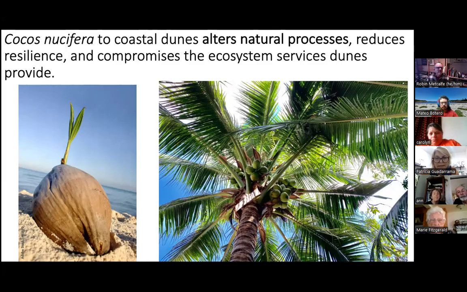And all the people on the beach want to have a coconut palm in the house, which is a big problem.